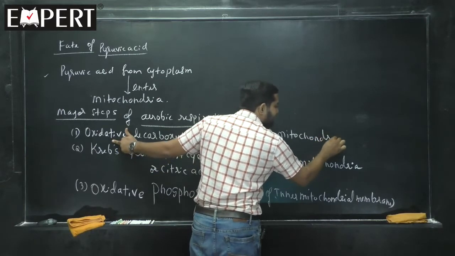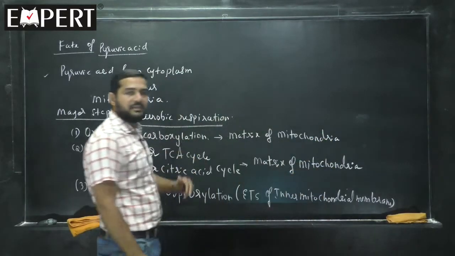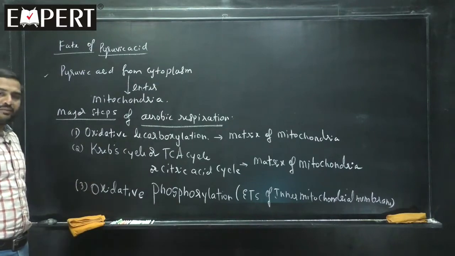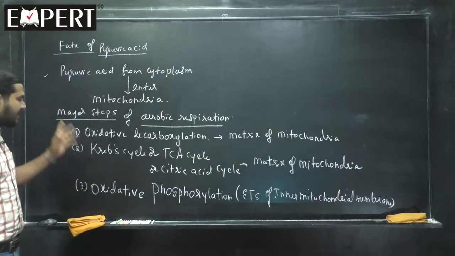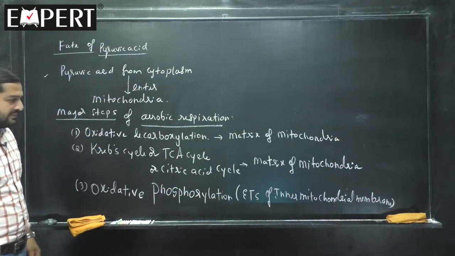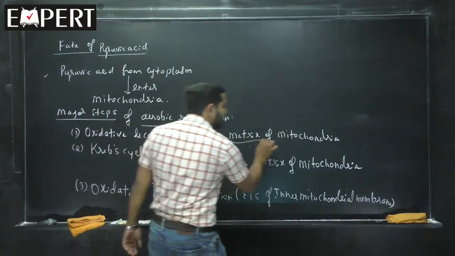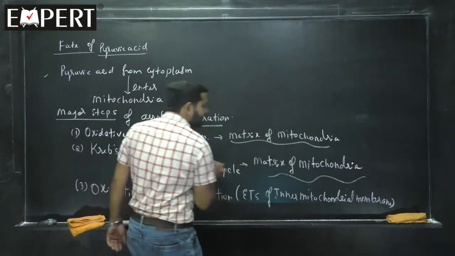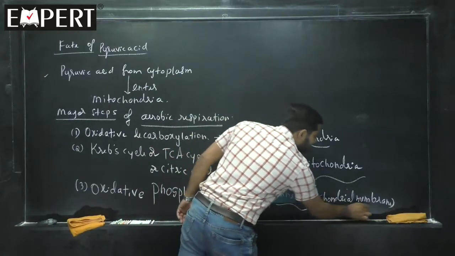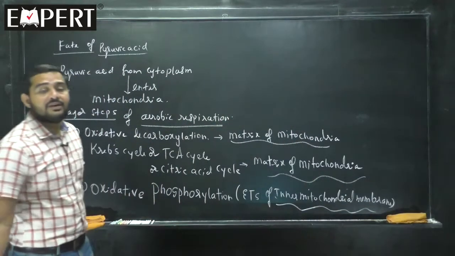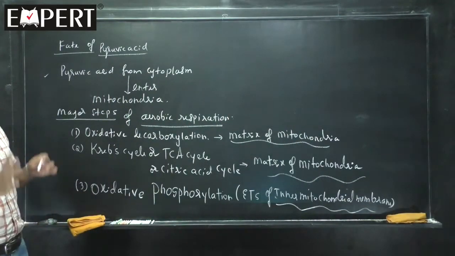So, let us discuss all these events one by one: oxidative decarboxylation, Krebs cycle, oxidative phosphorylation. I already mentioned the sites: the matrix of mitochondria, and the inner mitochondrial membrane which has the electron transport system.